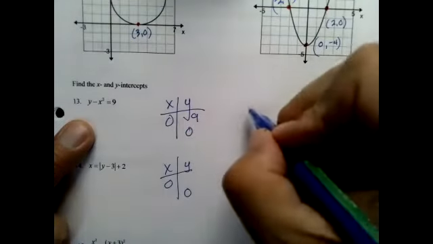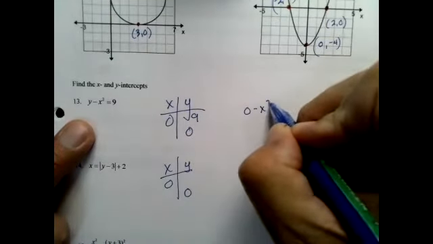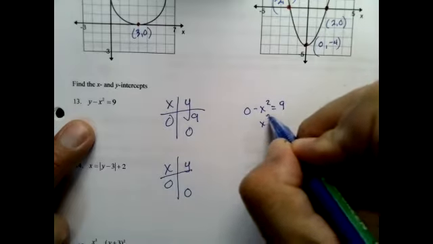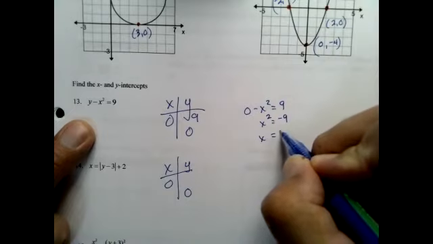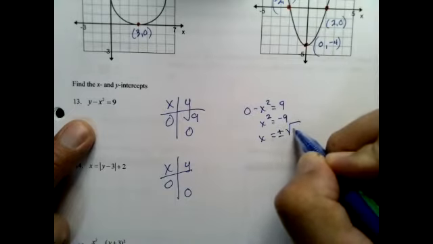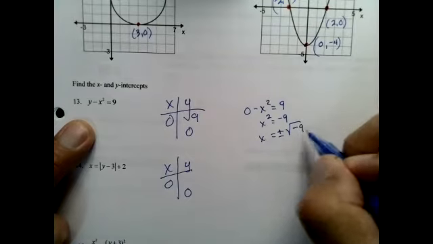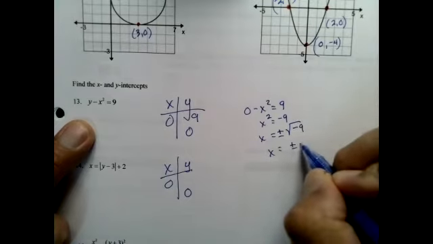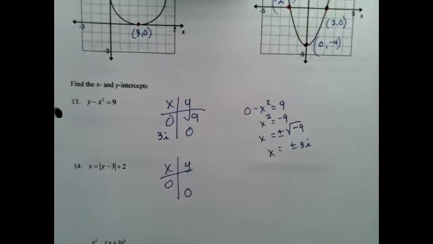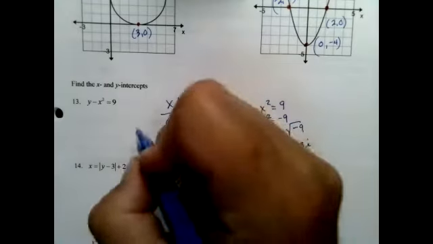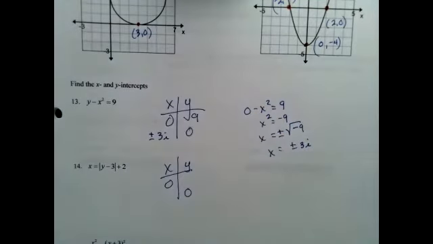If I say put 0 in for y, 0 minus x squared equals 9. x squared equals -9. x equals plus or minus the square root of -9, x equals plus or minus 3i. And we'll talk later why those imaginaries come into play and what all that means. So we don't have to worry about that right now. We're worrying about how you find intercepts. Again, this is just another piece of building blocks for later.